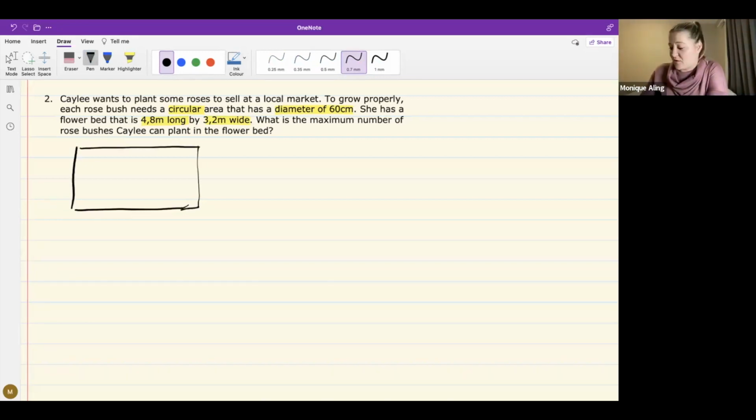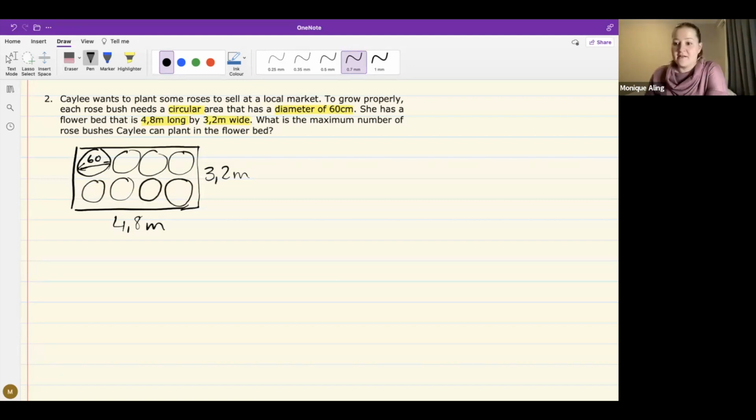We can see that because they told us it's got a width of 3.2 meters and a length of 4.8 meters. And we know that the rose bushes are going to be a circular shape and it's going to be 60 centimeters. Okay, so we're going to have a couple of rose bushes like this. Okay, so that is the visual we're going for.